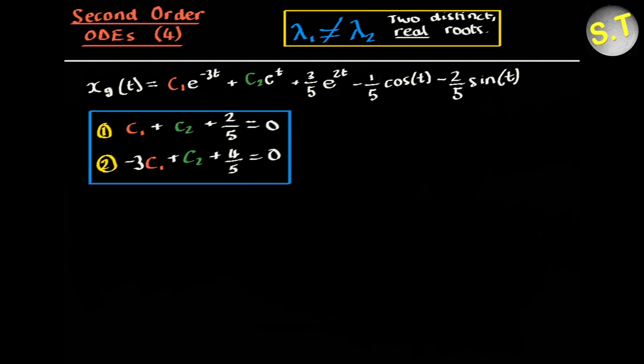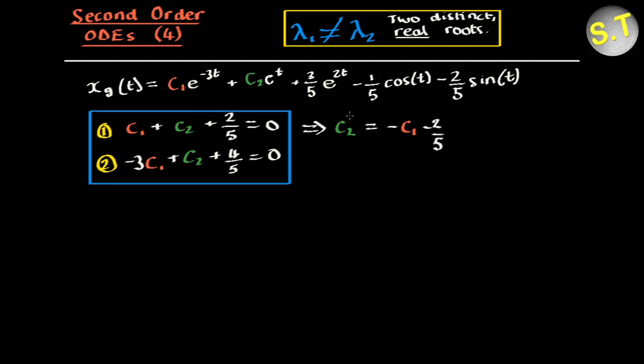Okay, so now we have a system with two simultaneous equations that we need to solve. And you probably know already from your algebra classes that this can be done quite easily. You may notice we have a 1c2 in both equations, so we could just subtract this one from this one. However, I think I'll just calculate what c2 is from this equation and then input it into number 2. So c2 from equation 1 is equal to minus c1 minus 2/5.